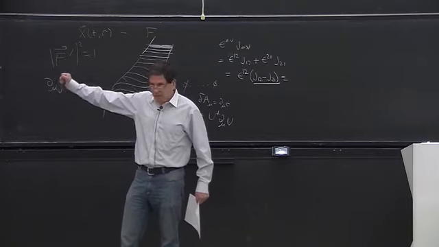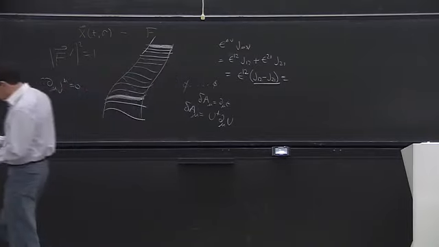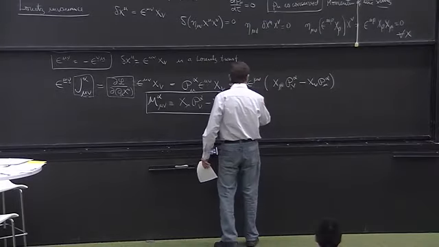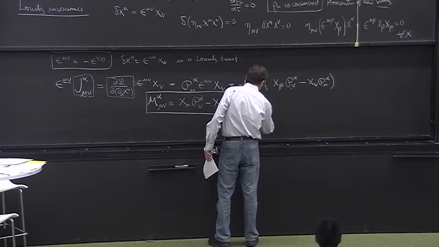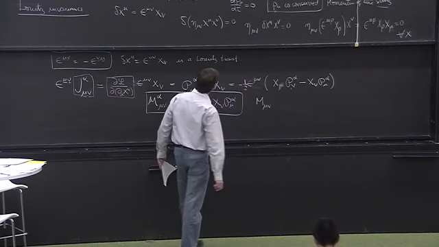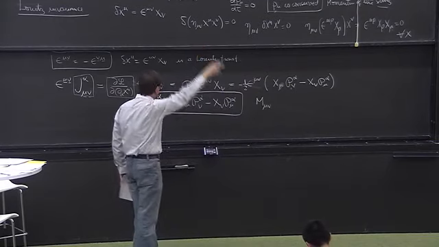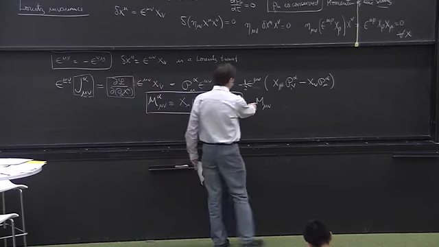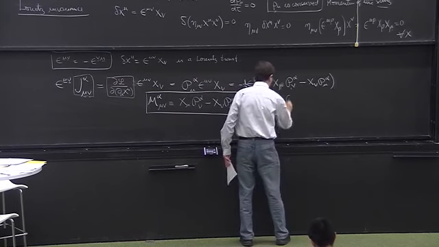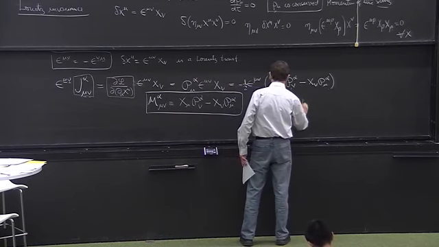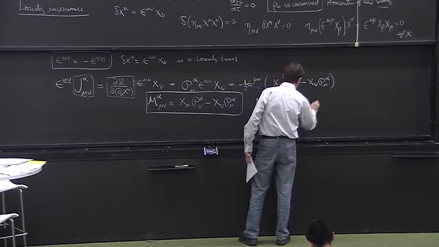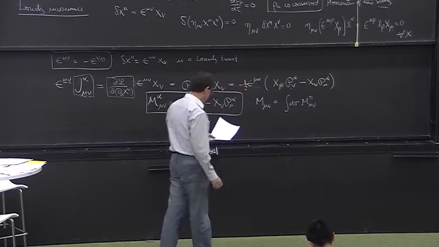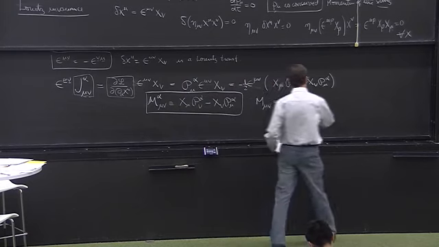So another conserved thing. What are the Lorentz charges? There are M mu nu. Just using the notation, we have calligraphic letters for currents and capital letters for charges. This would be the integral over sigma of M mu nu 0, the time component of it, of tau and sigma.